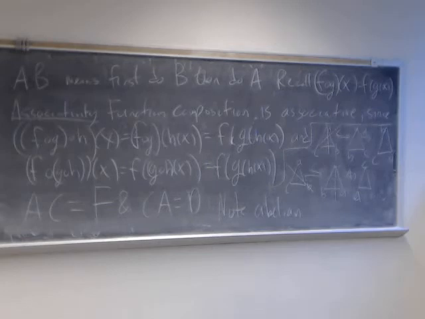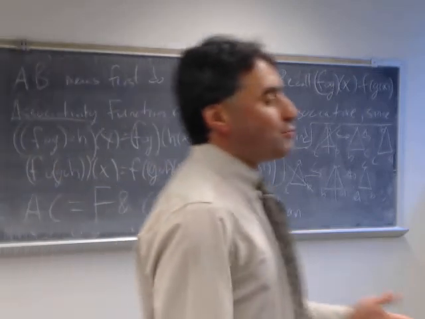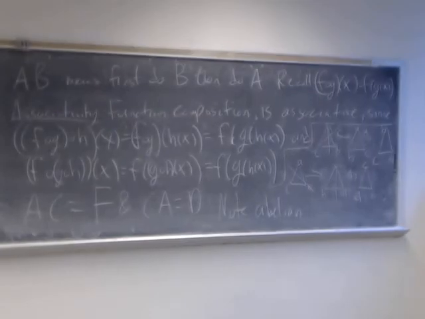So what I'd like to do now is create an answer to the first question. If you give me a finite number, can I give you a group that has that many elements?